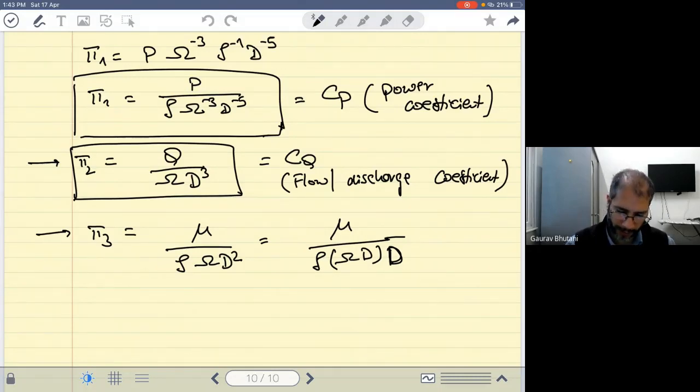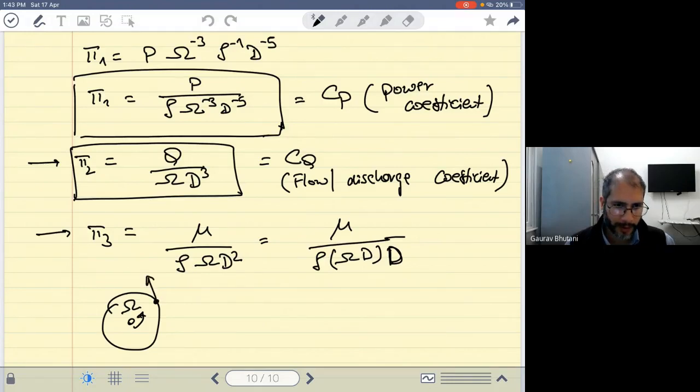So if you have a rotor which is rotating in a pump, then omega is its angular velocity, and d is its diameter. So omega times d, or omega times d by 2, is some sort of surface speed.